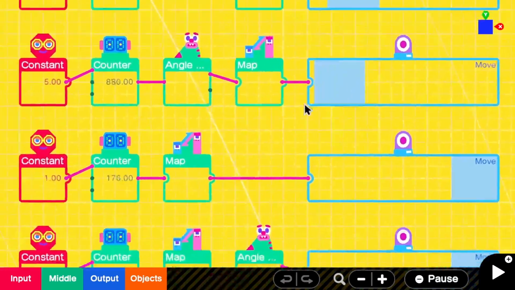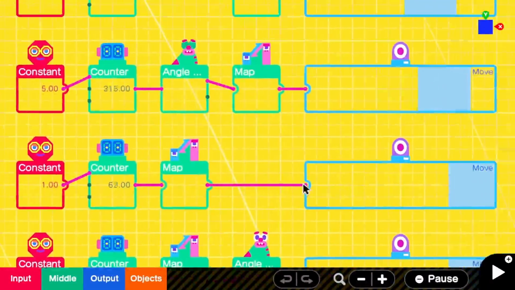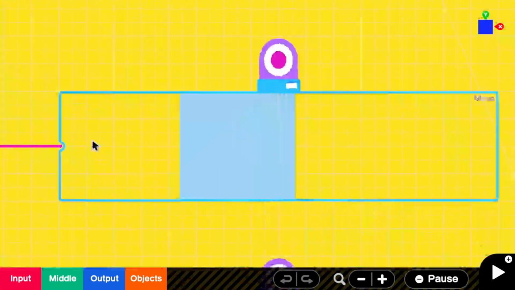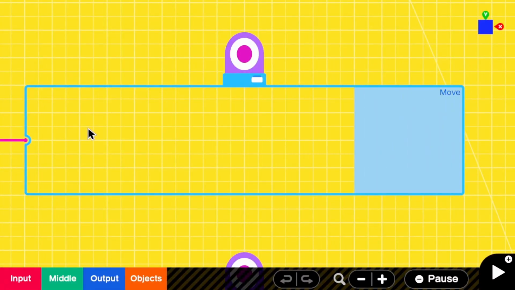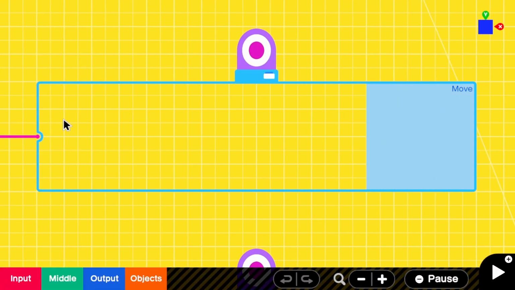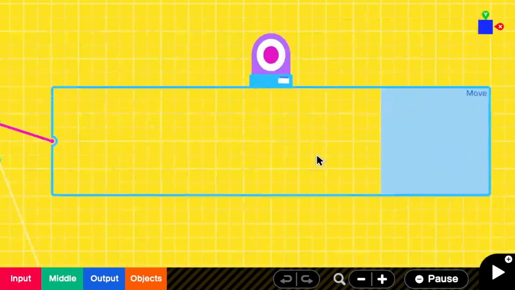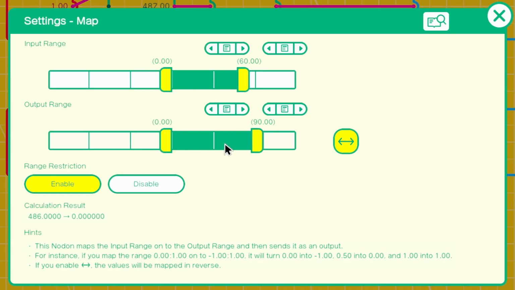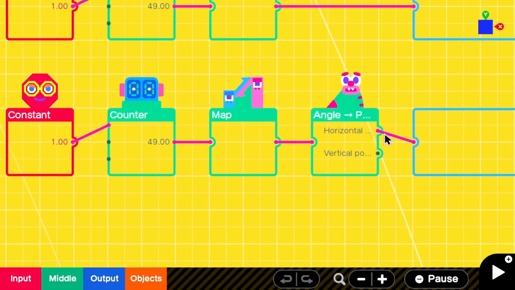We could also implement this in just one directional movements. So for example, here, we're just moving this block from this side to this side. You can see here, it just moves from left to right at a constant speed. Not so interesting. But thanks to the angle to position nodon, if we map it from, let's say, 90 to 0 for the horizontal.